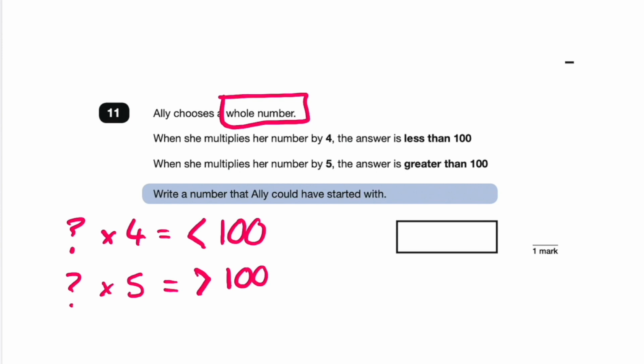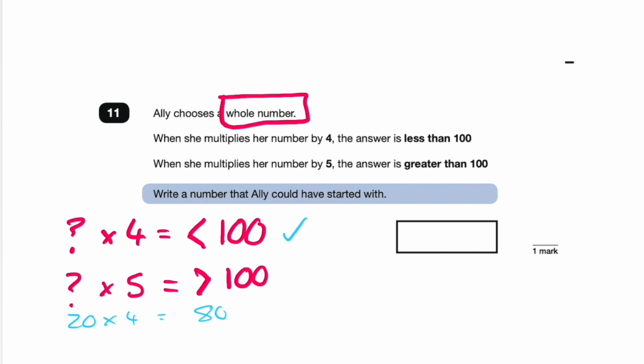So let's use a little bit of trial and error to get us there then. Let's start with just the number 10. 10 times 4 equals 40. So that's right, that's less than 100. But then 10 times 5 only equals 50, and that's not greater than 100. So it's not going to be 10. We need to pick something larger. Let's try 20. 20 times 4 equals 80.